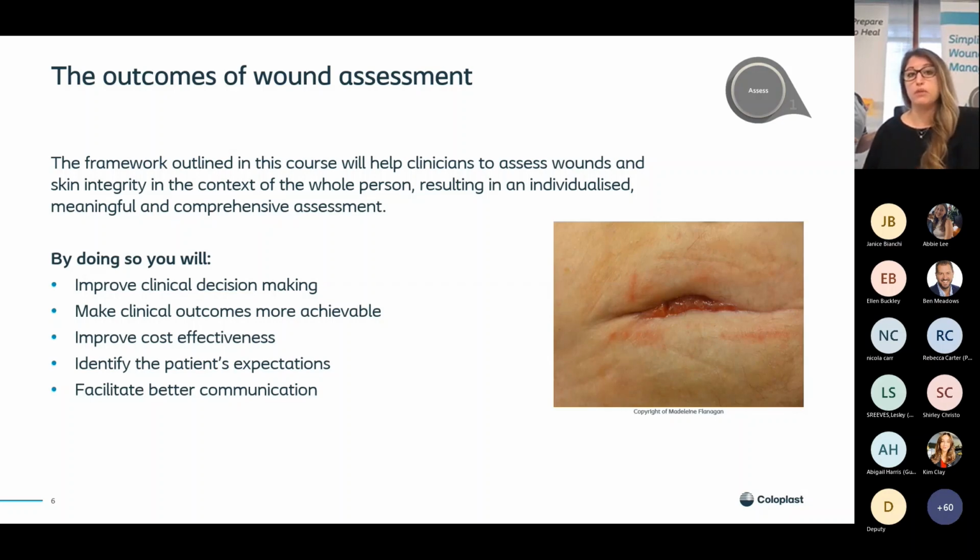If you've done a really robust assessment of that wound and you've prepared that wound really well, and then you make the right decision when you are deciding what management to use for that wound, then the likelihood is that we can reduce the risk of complications. And with complications come further costs. So if the patient's wound gets infected, then you're going to have to use antimicrobial treatments, you may have to use antibiotics, and that pushes that cost up.